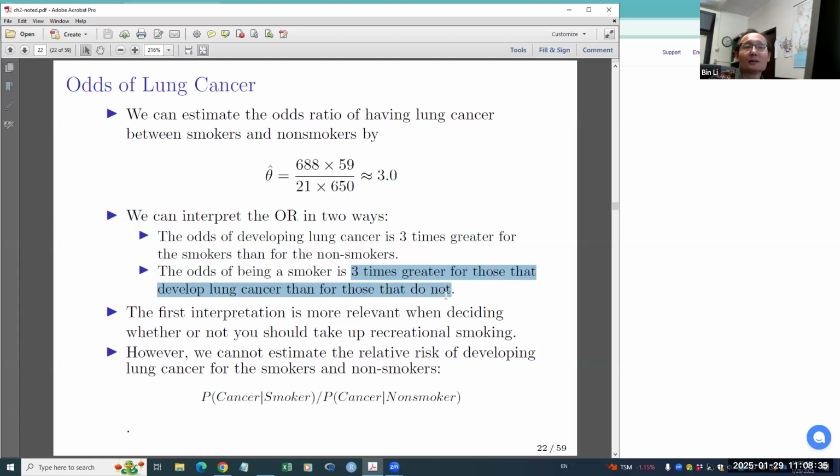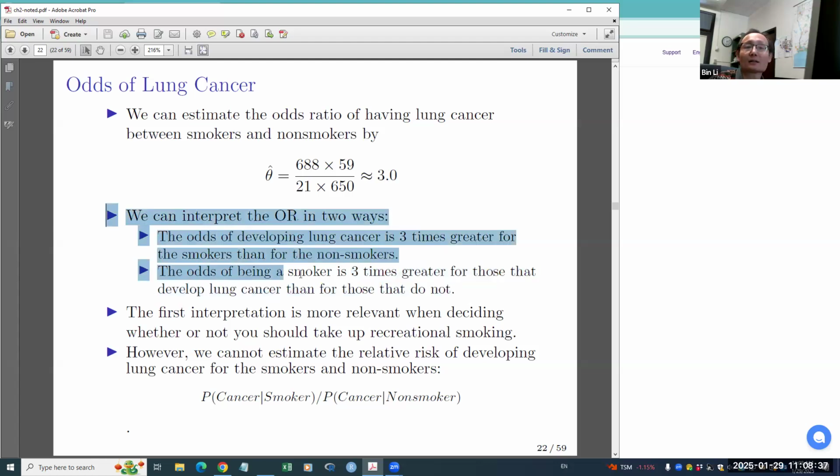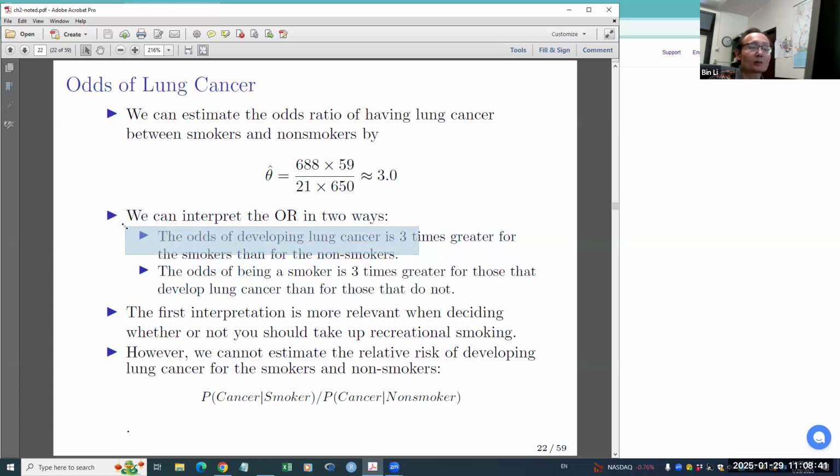And you may ask, which one is better? Of course, the first one is better because it's the one that we care most about, right? Because we do not really care about being a smoker or not.